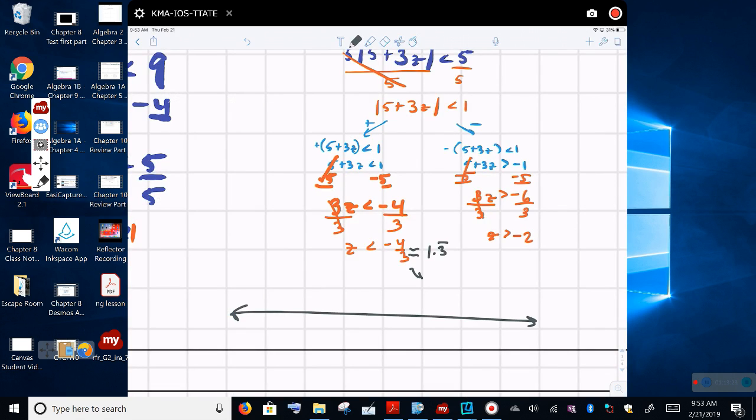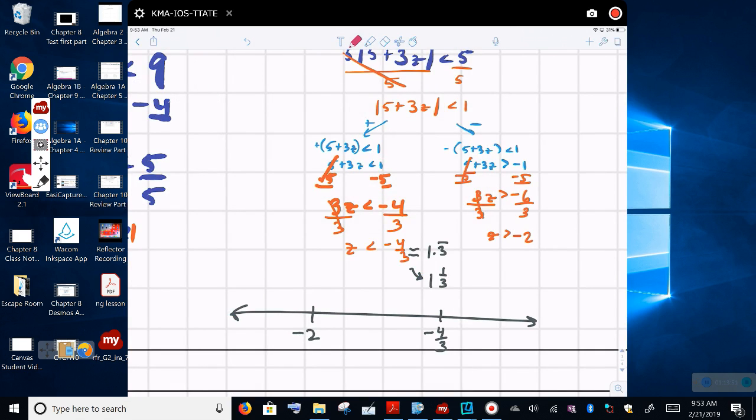Or as a mixed number, it would be 1 and 1/3. Either way, it's easier to compare to 2. But since it's negative, it's going to be opposite. So the negative 2 is actually smaller than the negative 4/3. If you want to write negative 1.3 repeating, that's okay.